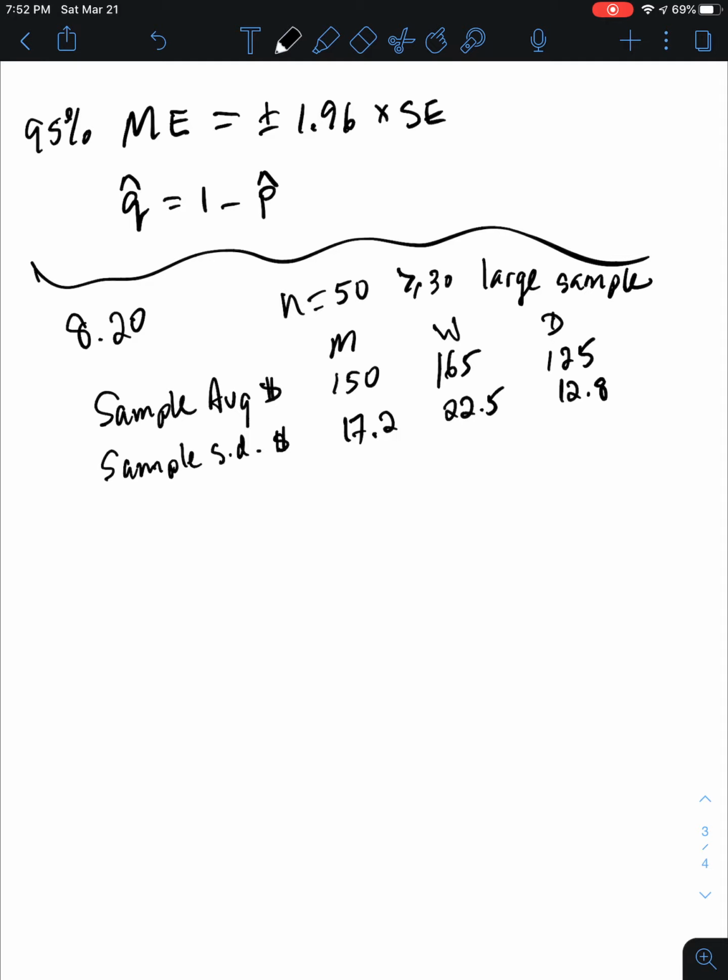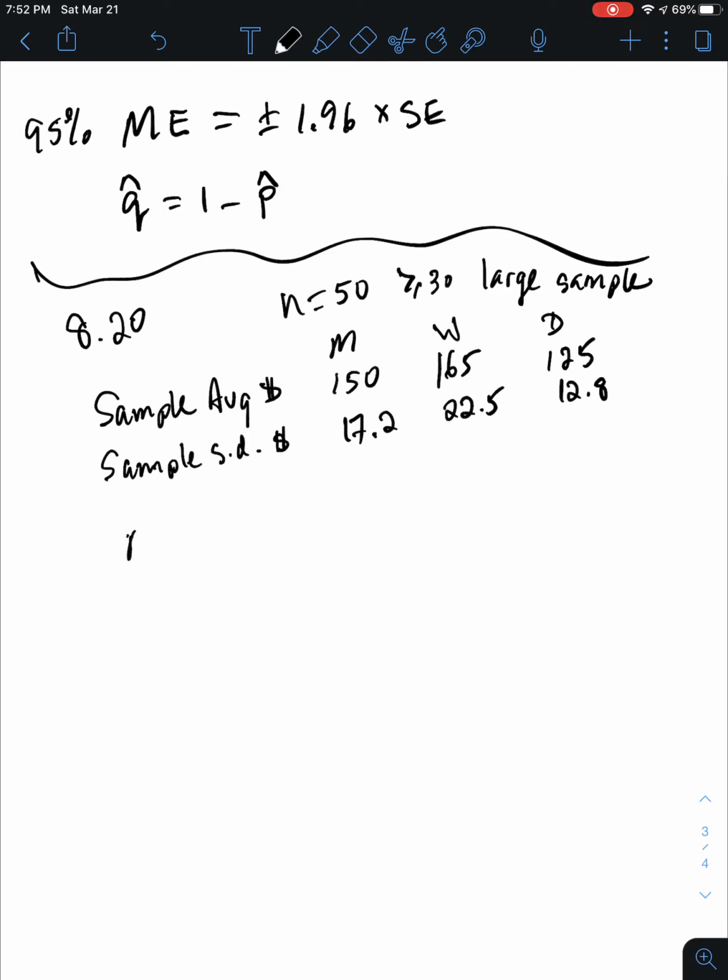So we are just asked to find the point estimate and the margin of error for each of these different hotels. So the point estimate for Marriott, do each one separately.